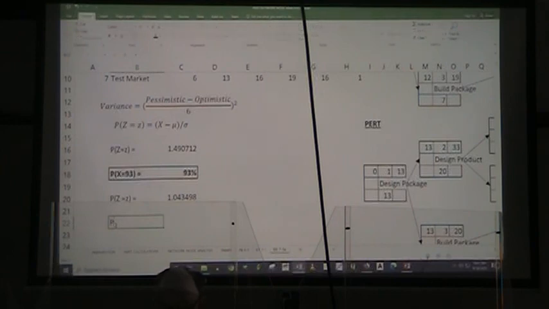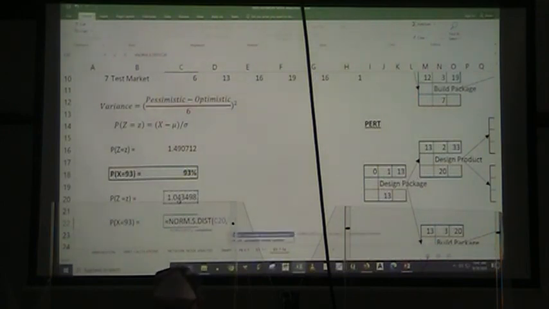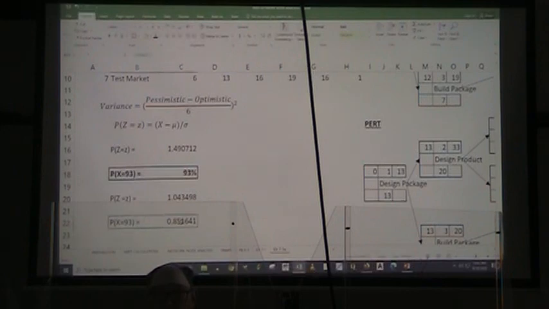So our probability that X equals 93 under these circumstances becomes equals NORM.S.DIST, my Z number, true, and so when I convert that to a percentage, it's 85%.